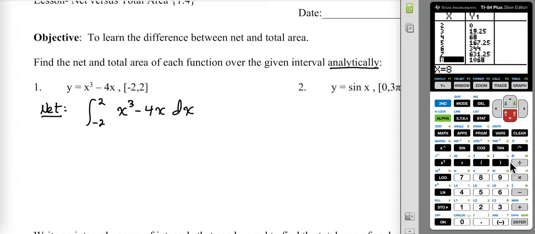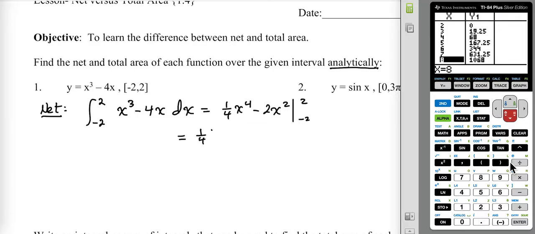All right. So the antiderivative, 1/4 x to the fourth minus 2x squared over the interval of negative 2 to 2. Now, I don't need you to show me any rote computations. So once you've performed any substitutions, however you want to do it from there is your business.